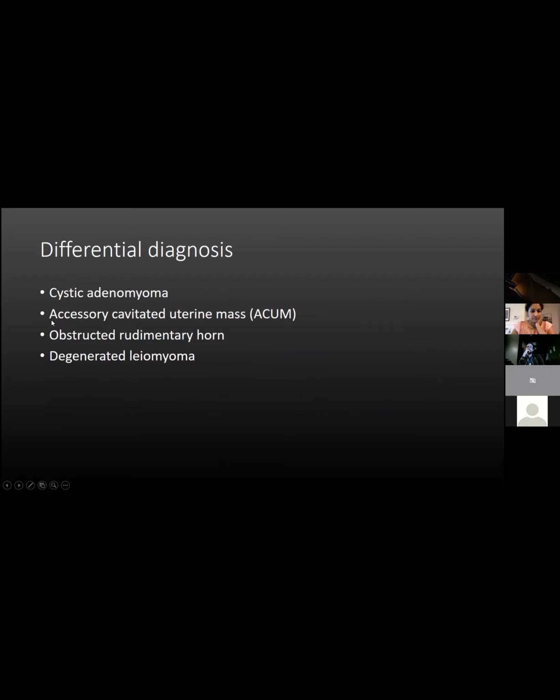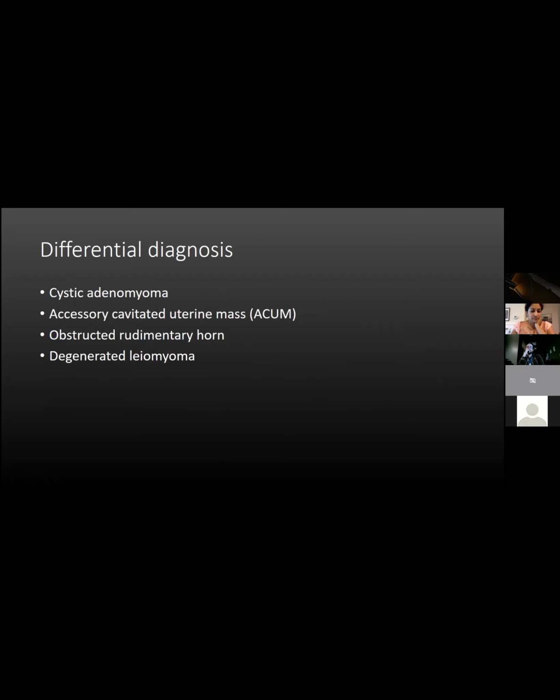The other differentials that hold good for this kind of appearance are an accessory cavitated uterine mass, known as ACUM, or an obstructed rudimentary horn. The debate was whether this is a manifestation of adenomyosis, or a Mullerian duct abnormality where there is a rudimentary horn.